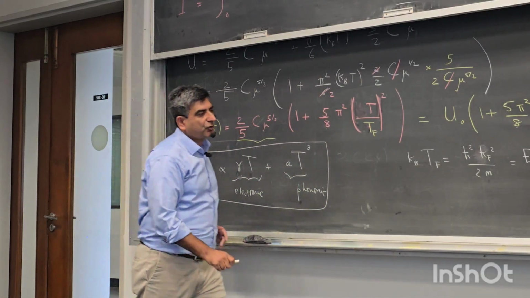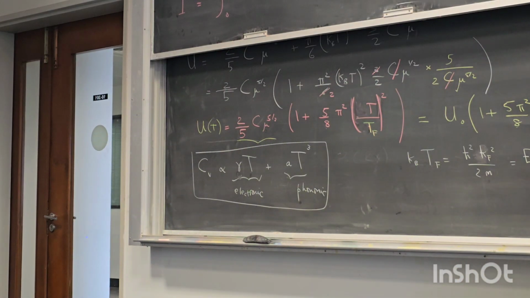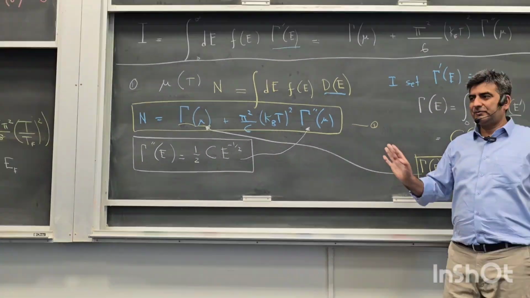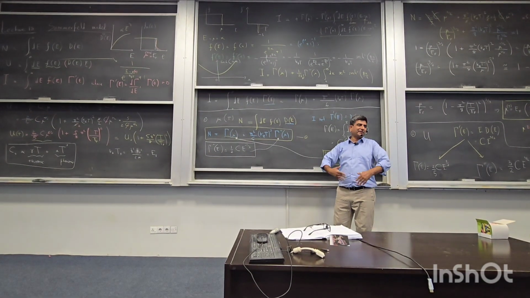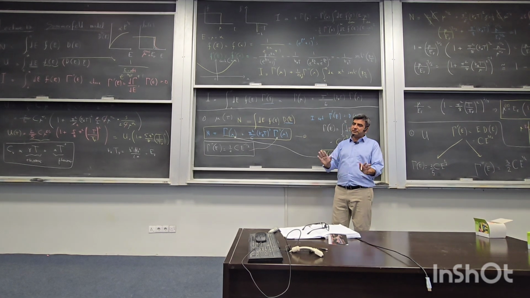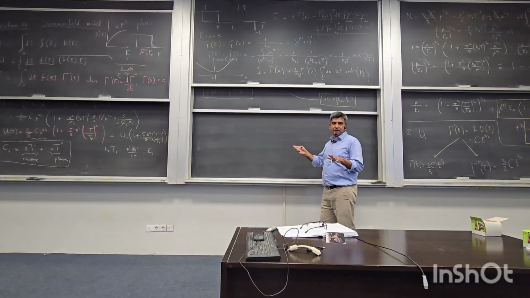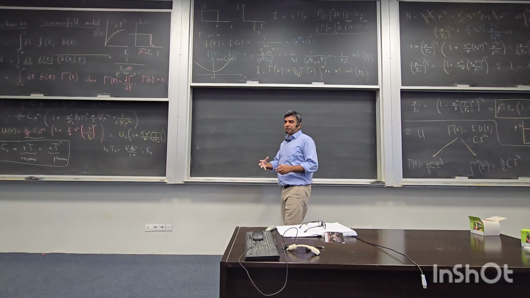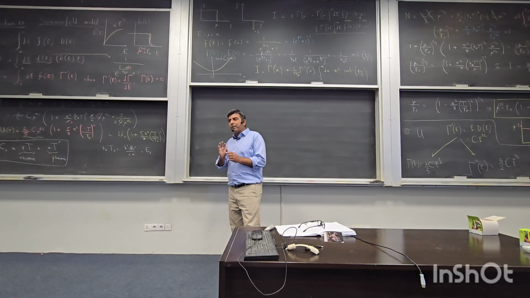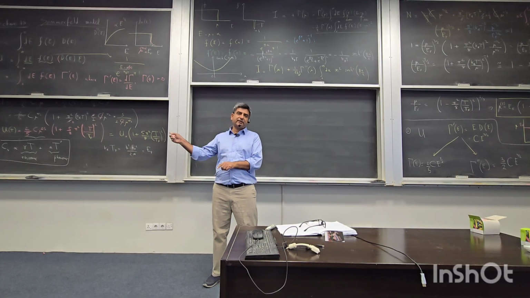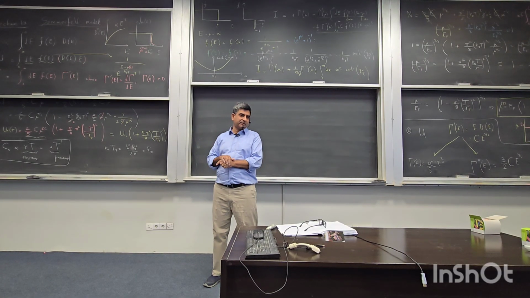Now inside this solid, if I were to do an experiment, now experiments are the final arbiter of physics. Nothing else decides what is correct, what is incorrect. The final arbiter of truth is only experiments. So if one were to do an experiment finding out the heat capacity of the solid. Now if one were to do an experiment with an insulator, you wouldn't get the electronic term because there are no free electrons available.